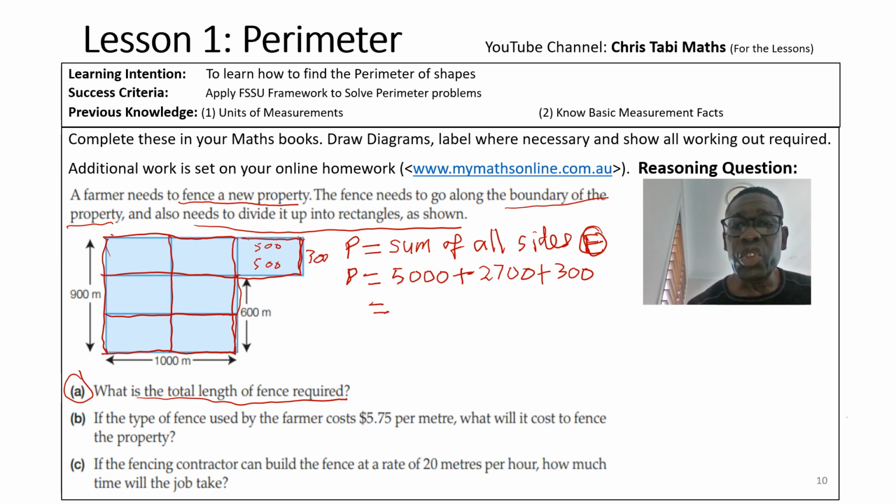You need to simplify that, and that gives us 8,000, because 5,000 plus 3,000 gives us 8,000. So that's our simplification, and the unit, as we can see, is meters. So that's our simplify and units. This was our substitution. So FSSU.